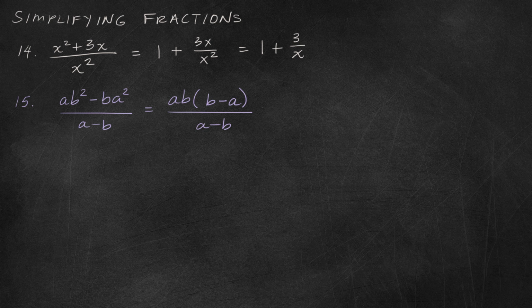These are opposites. So I can factor a -1 out of the top, and that b minus a becomes a minus b. Now I have a common factor in the numerator and denominator that we can cancel out, leaving us with just -ab.